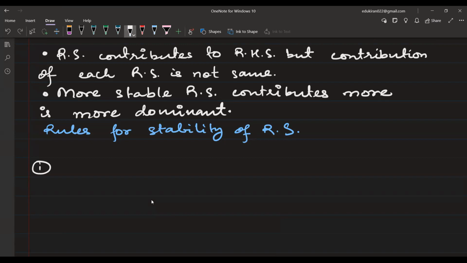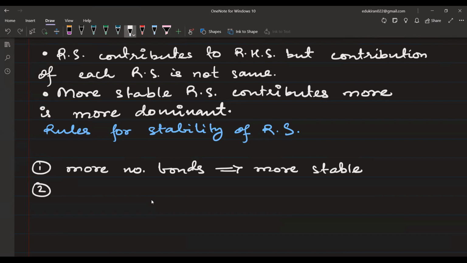First is more number of bonds. More number of bonds means more stable. What does more number of bonds mean? If the octet is complete, then it is going to be more stable.